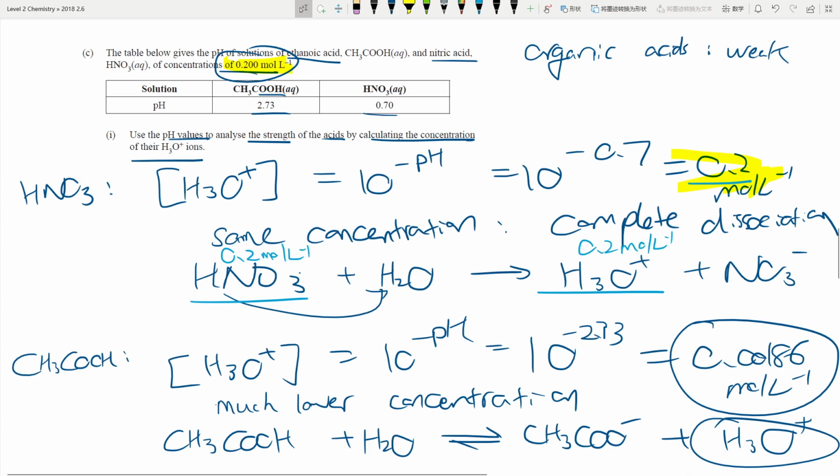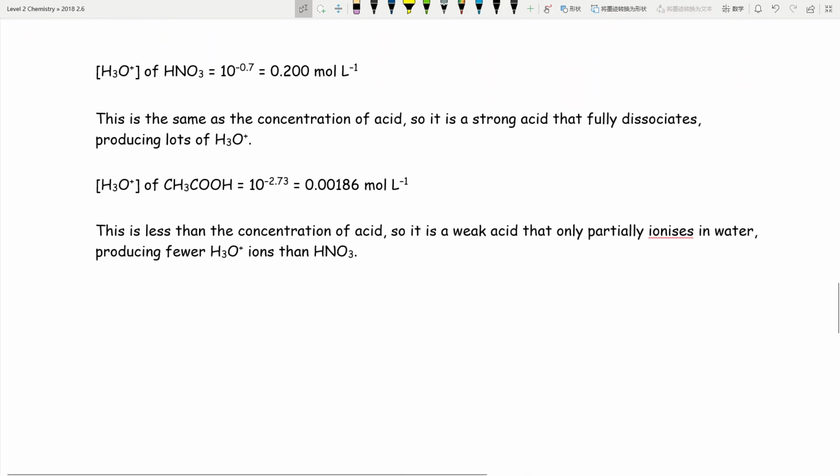Now in year 13 we don't calculate the concentration using the pH just like that. If you did that in year 13, that would be completely wrong, but in year 12, this is the only method you know. That's why we're doing it. Okay, so the first part is the same concentration, same strong acid, fully dissociates, producing a lot of the hydronium ion. For the ethanoic acid, this is a weak acid, it only partially dissociates, as you can see from the concentration, nowhere near the original concentration.